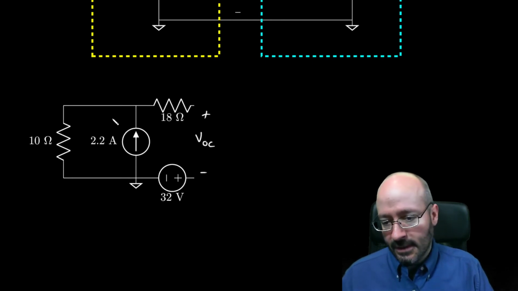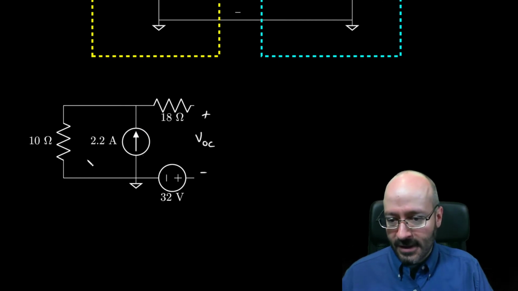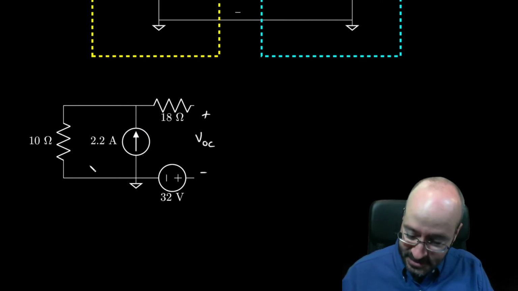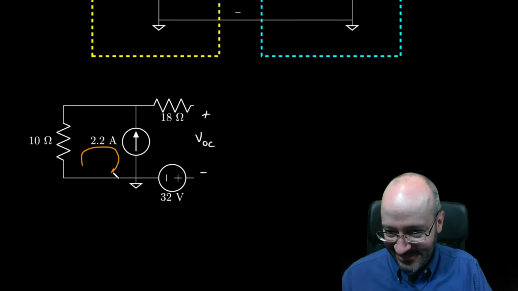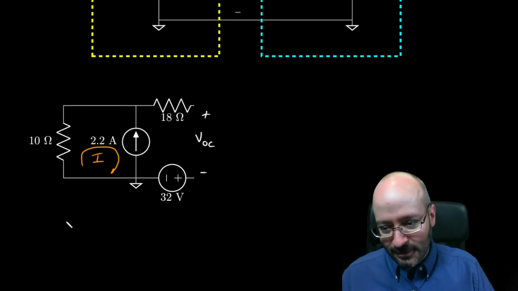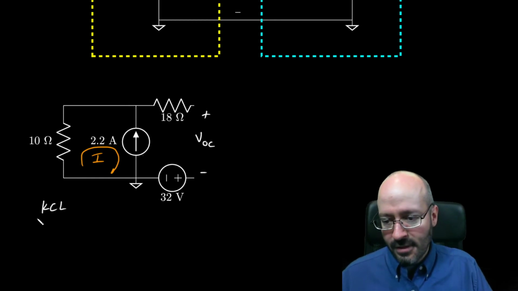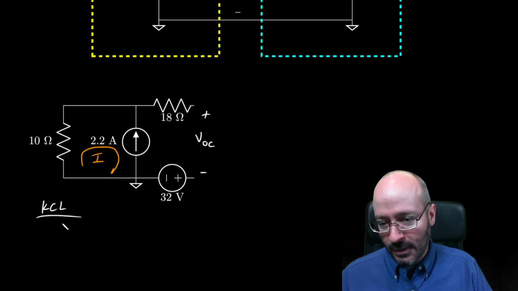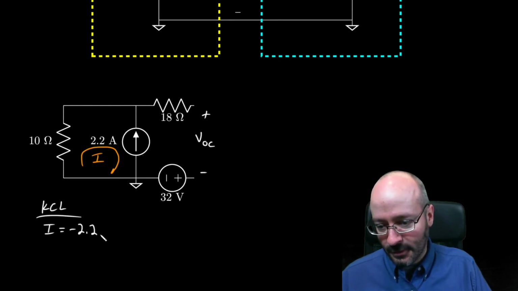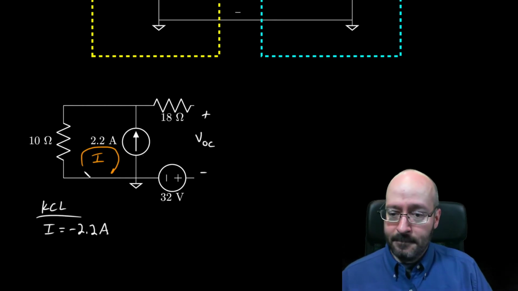All right, so we've got one mesh, but then we've got to write a KVL, and for that one mesh we write a KCL for it. Okay, so writing our KCL for the one mesh, we can say that I is equal to negative 2.2 amps. So that's simple enough.